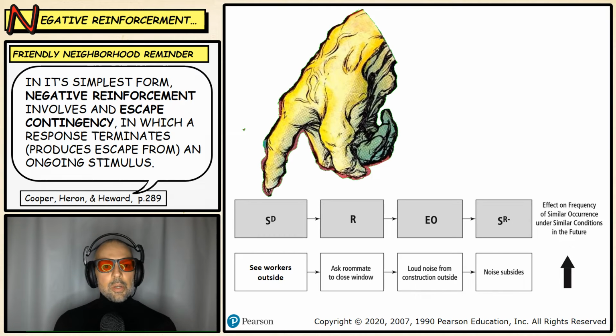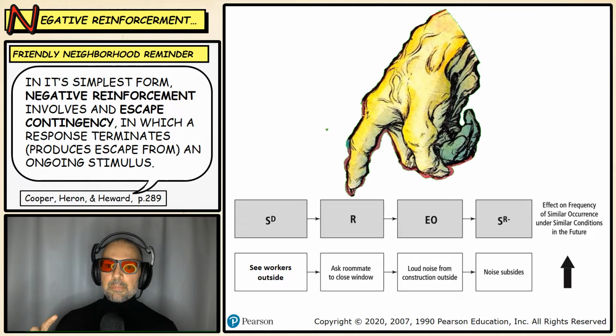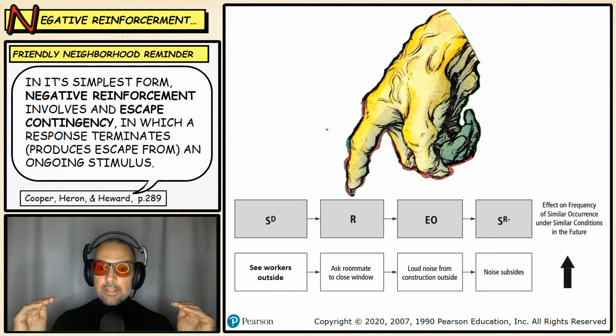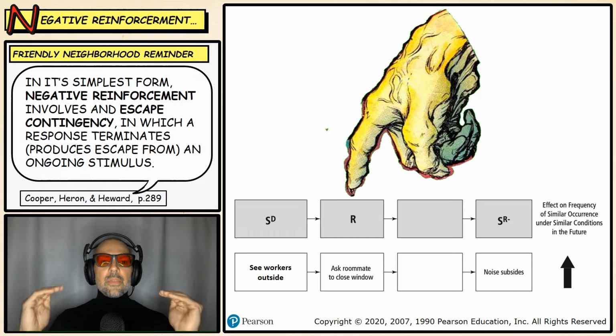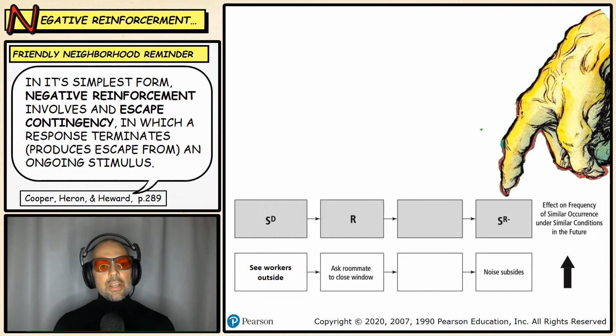Once you see that discriminative stimulus, but before the establishing operation event occurs, you produce a response. And that response avoids the establishing operation, so the establishing operation never occurs, and therefore that response is reinforced. We call this discriminative avoidance because it starts with that discriminative stimulus and it ends with a reinforcement where you actually avoid the establishing operation.